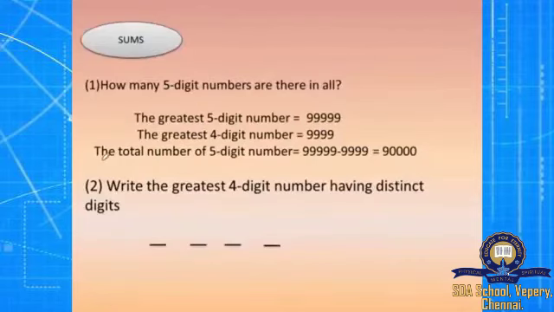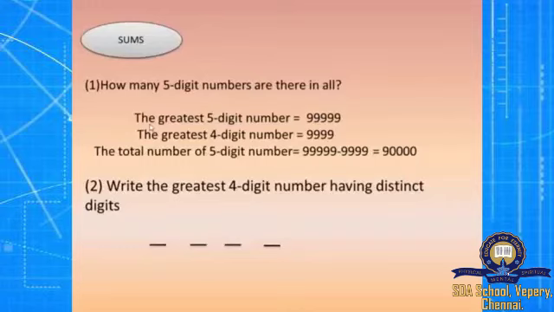We will do some sums based on the smallest and the greatest natural number. How many 5-digit numbers are there in all? We have to find the total number of 5-digit numbers. For that, first we have to find the greatest 5-digit number. The greatest 5-digit number is 99,999.